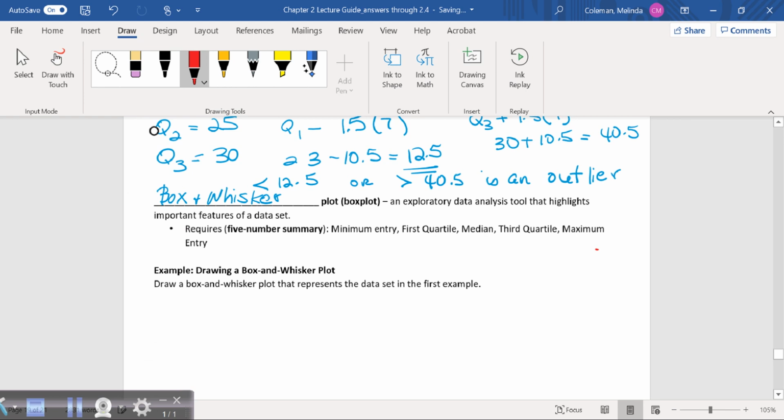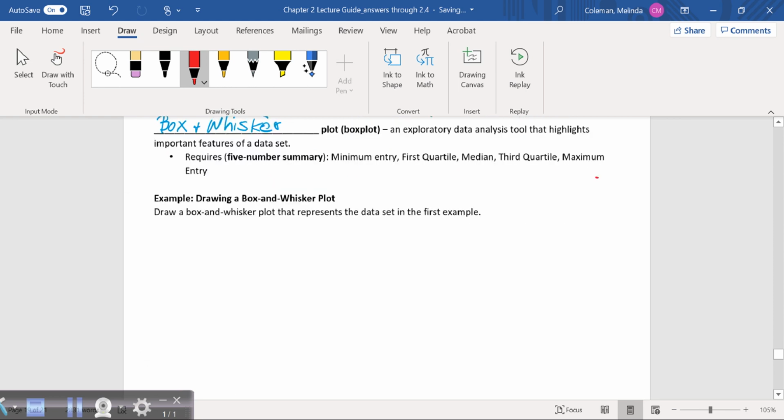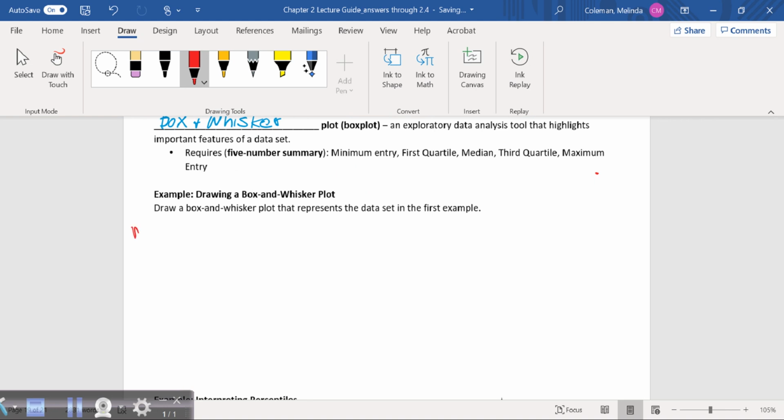So in our example, the minimum was equal to 11. Again, Q1 was 23, Q2 was 25, Q3 was 30, and the maximum piece of data was 35.